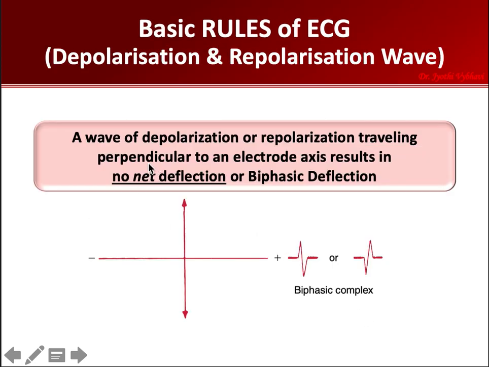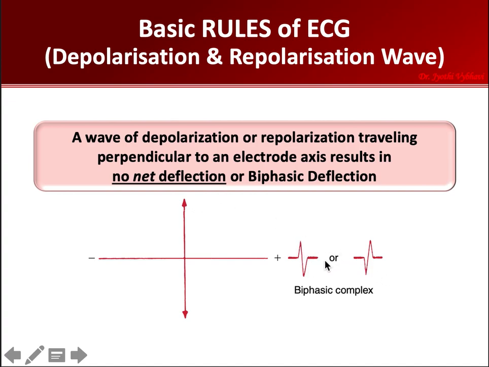When either of these waves is not traveling towards any electrode, and is just perpendicular to these electrodes, we get either no net deflection or a biphasic deflection.